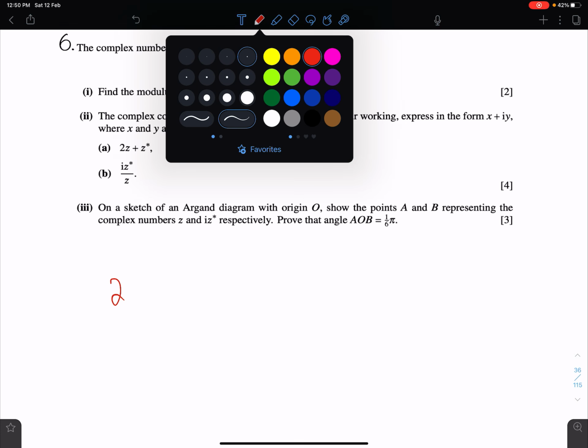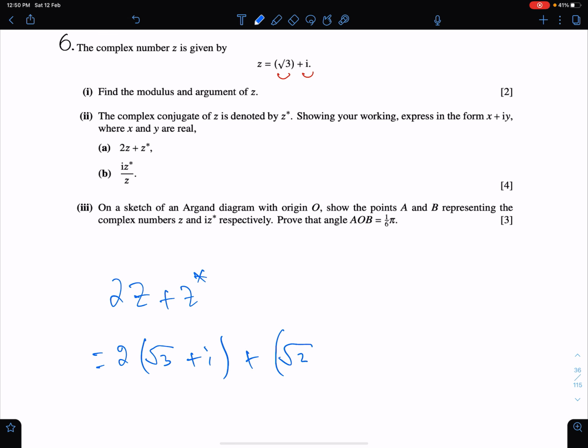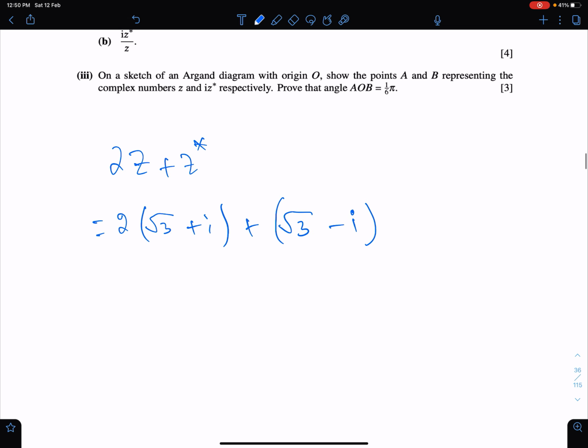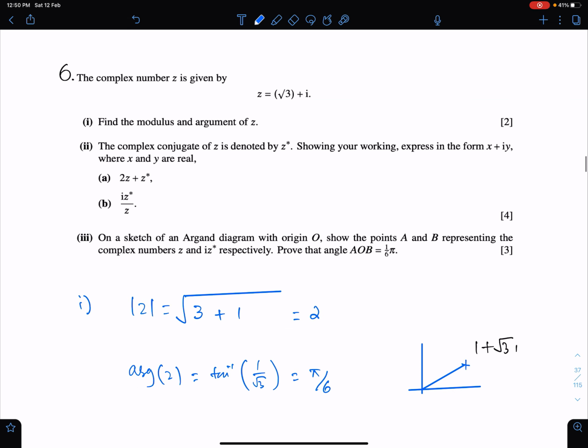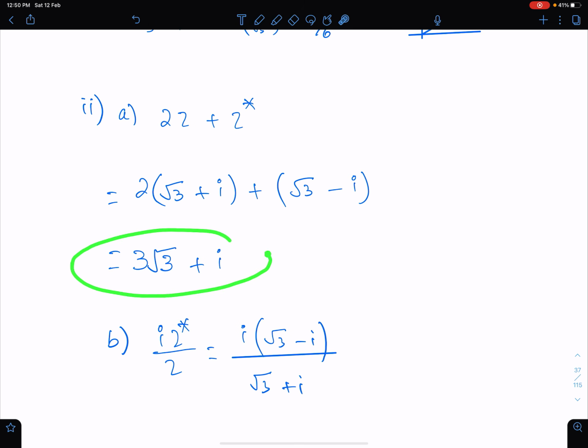So 2z plus z star: 2z, and z star is the conjugate of z. For conjugate, just change the sign of i. You just need to simplify this. Just collect the like terms. So the answer is 3 root 3 plus i.